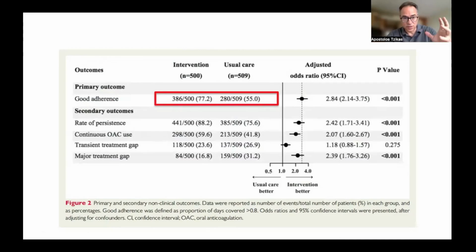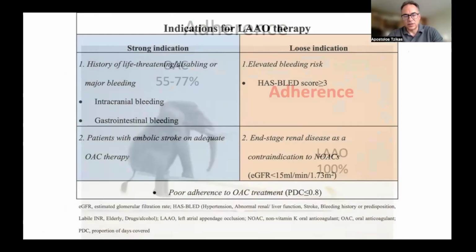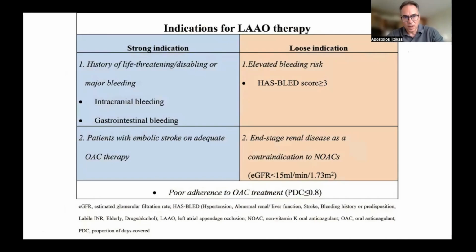So that was the top. Whereas the adherence, when you do a procedure, an LA closure in particular, is 100%. There is no issue. So this should be taken into account when we're discussing an intervention as compared to drug therapy.